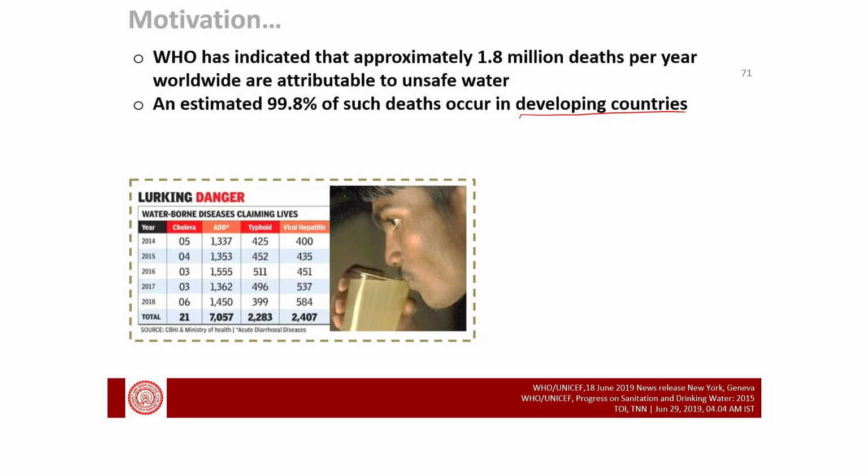Acute diarrheal disease is the maximum, with 7,000 deaths during these 5 years. Then there were typhoid deaths, and then viral hepatitis.